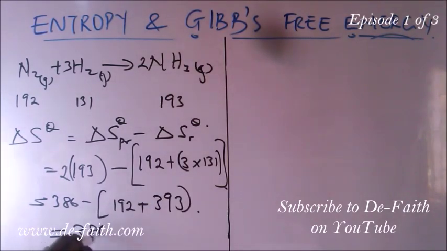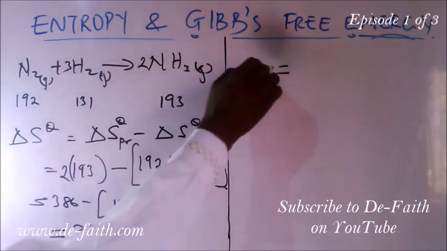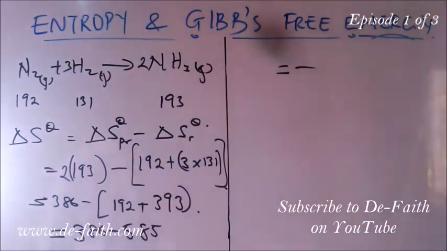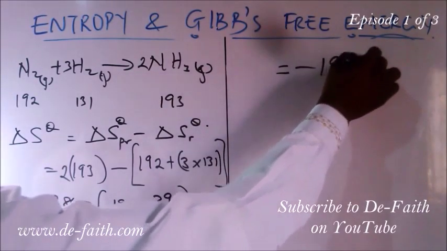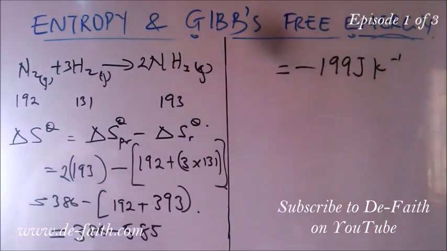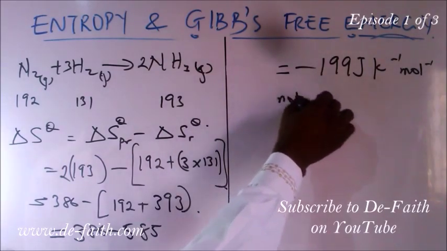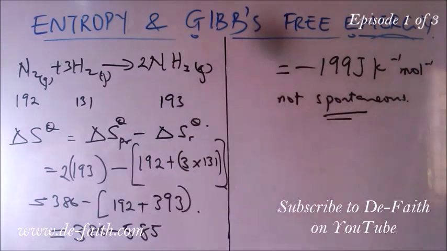So we have 386 minus 585. Hence, we have a negative entropy change, which is 199 joules per Kelvin per mole. Now, since the standard entropy change is negative, it shows that there's a decrease. So it is not spontaneous, because we have a negative value of standard entropy change of the reaction.